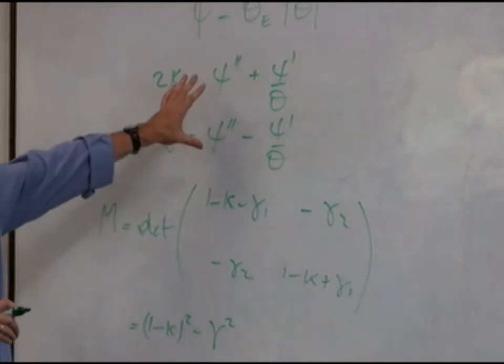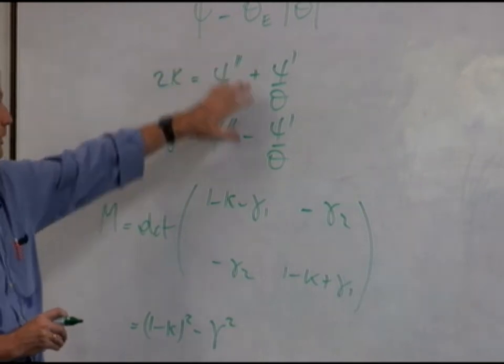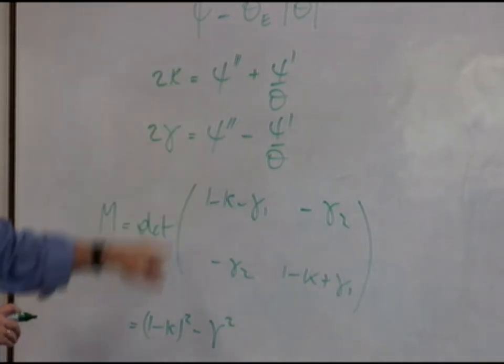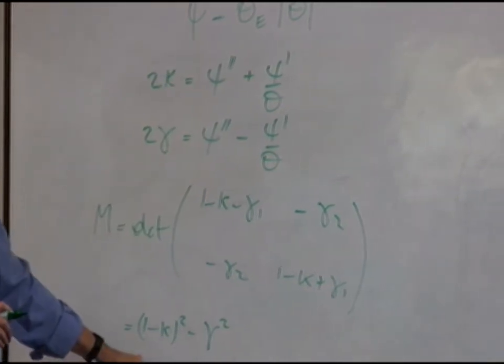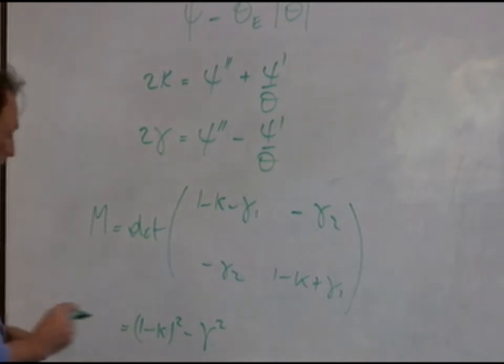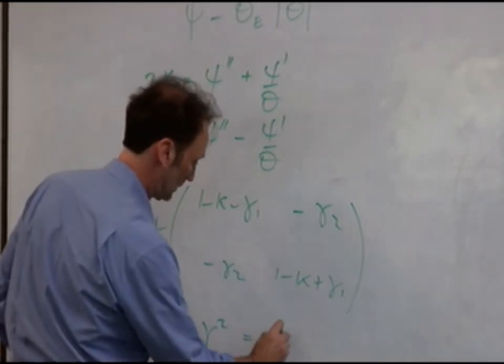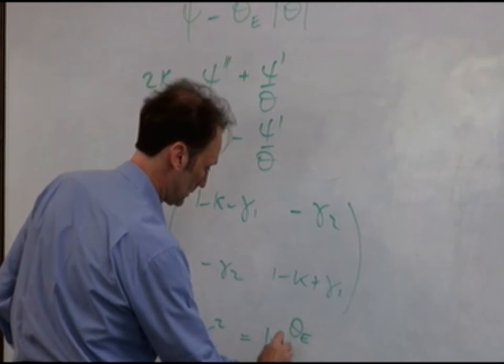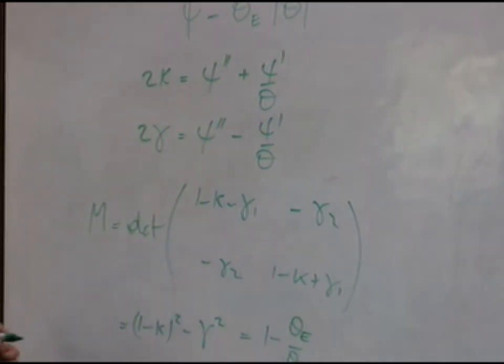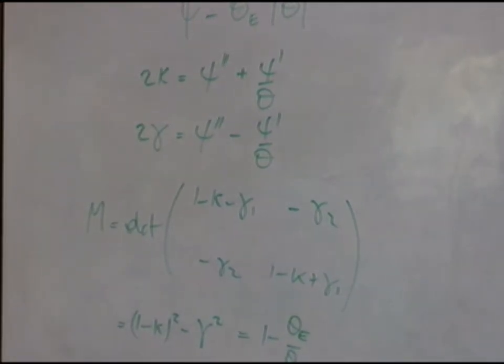So this exercise is really nothing else than taking your potential, calculating kappa and gamma, and putting it in the magnification matrix. Right? I'm not going to do the derivation here.